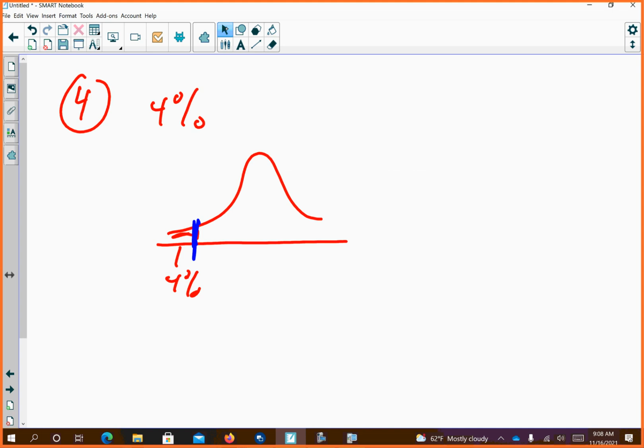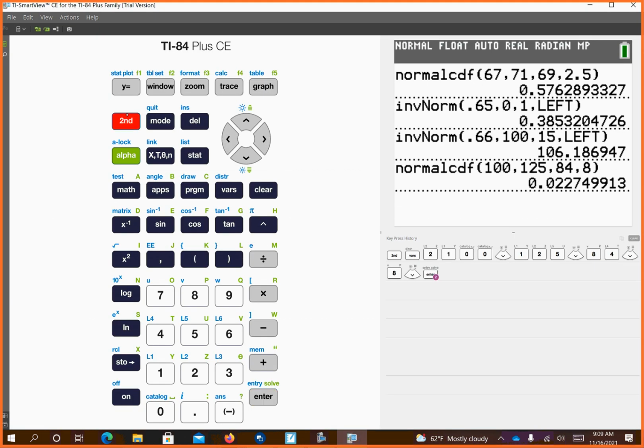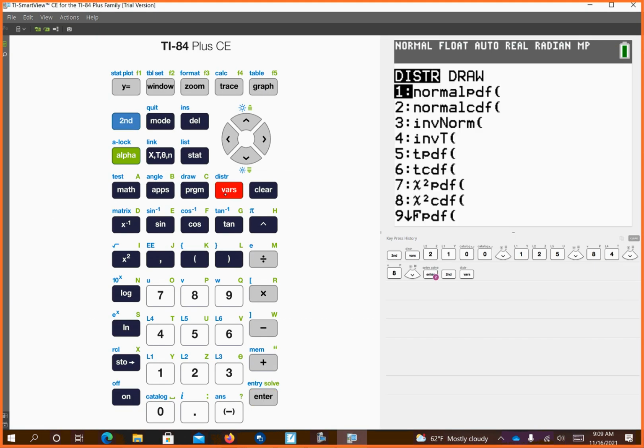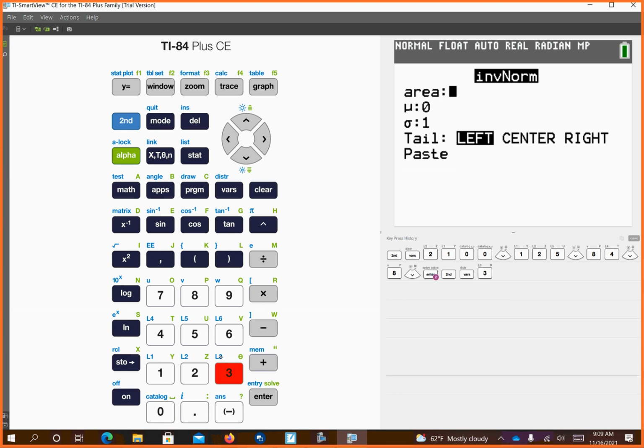Let's go back to the calculator. I'm going to go second, distribute, inverse norm, number 3. We're talking about 4%, then a mean of 84 and a standard deviation of 8.